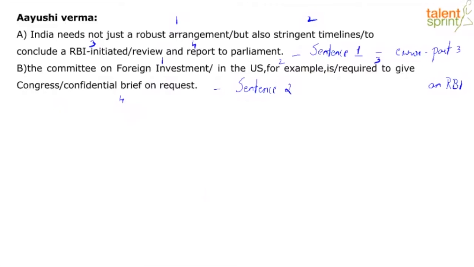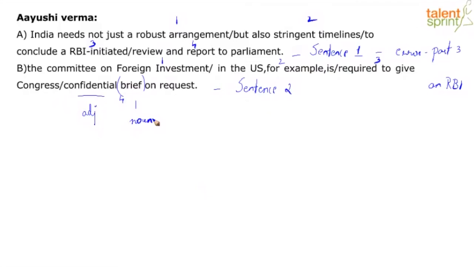I'm going to slightly differ from what you guys have mentioned, okay? The Committee on Foreign Investment in the US, for example, is required to give Congress confidential. Confidential is the adjective, right? Which means here I need a noun form. Now quickly, for those of you who don't know, here they are talking about on request, they want the Congress to arrange or get into a confidential, some sort of a meeting, right?